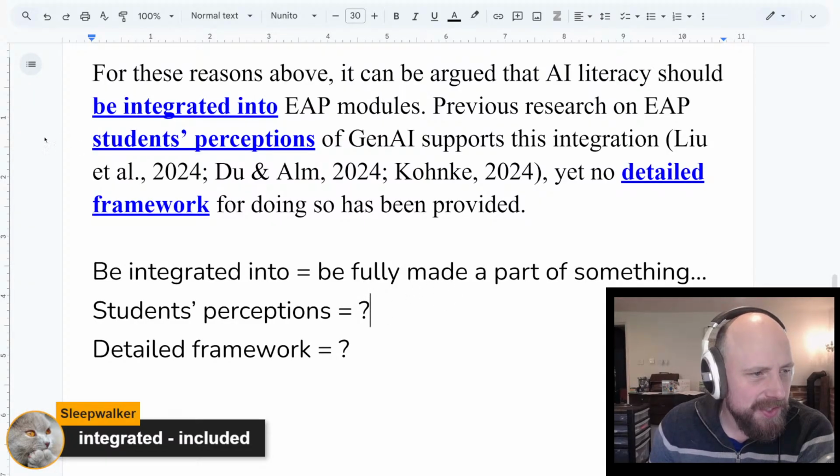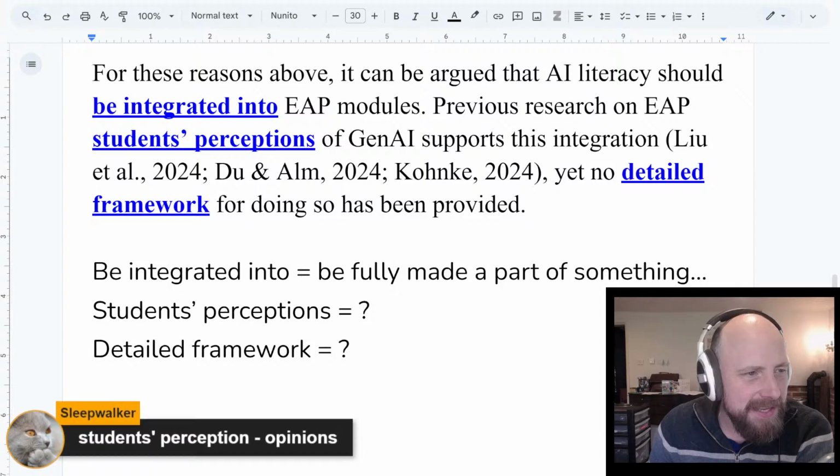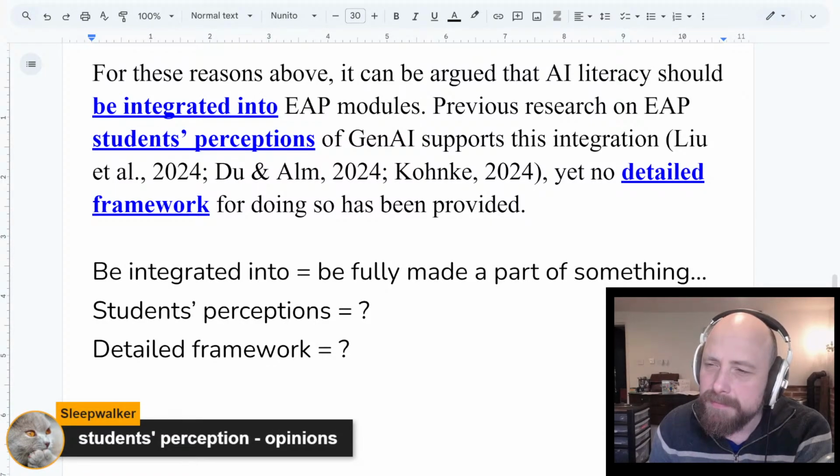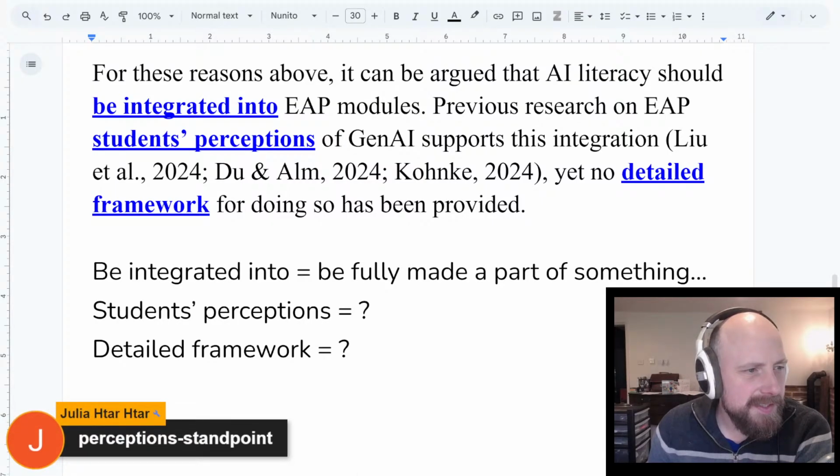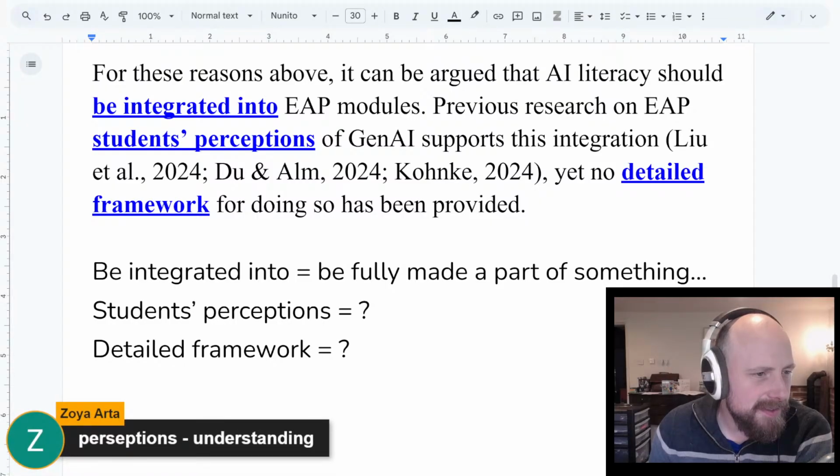Students' perceptions, opinions, says Sleepwalker. Close. A standpoint. Close. Understanding.